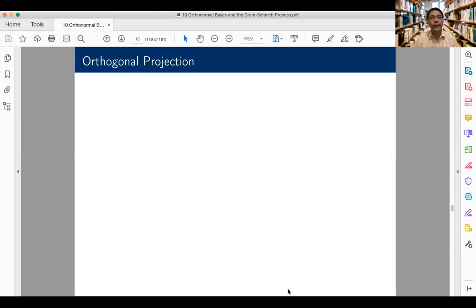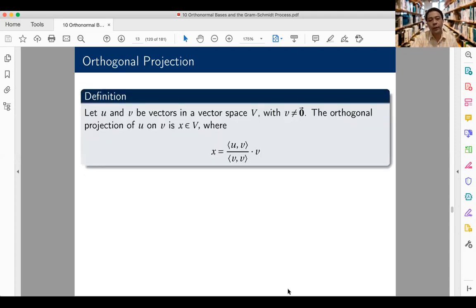So we want to find an orthonormal basis. How do you make an orthonormal basis? For that, we need what is called the orthogonal projection. So we define the following. Suppose that U and V are vectors in a vector space V, where V is not the zero vector.